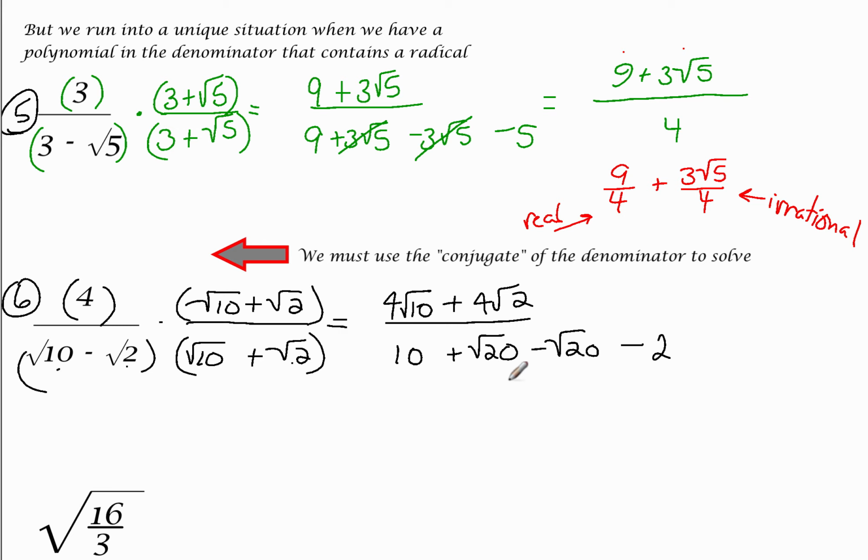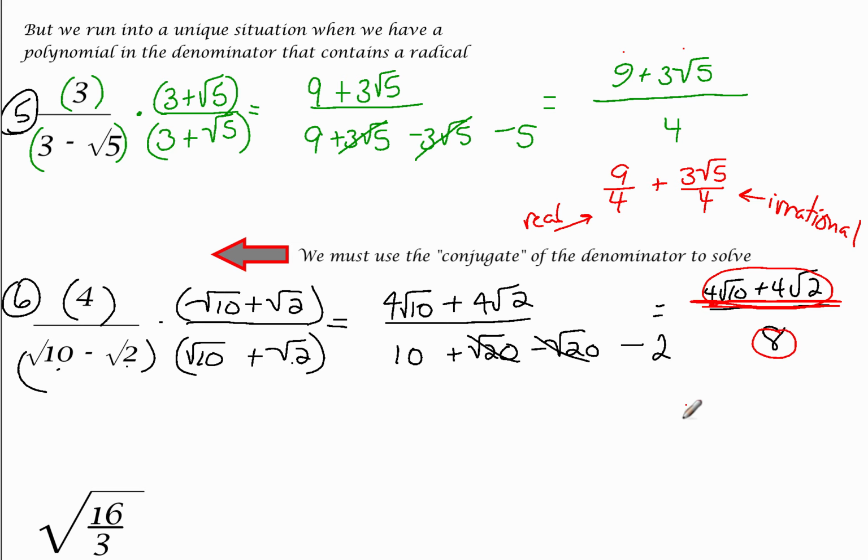And radical 2 times radical 2 is 2. And that prettiness happens again. The 20s cancel out in the radical. 10 minus 2 is 8. And I have 4 radical 10 plus 4 radical 2. Now I'm going to check. Can this numerator, both of these numbers, get divided by 8? Yes.